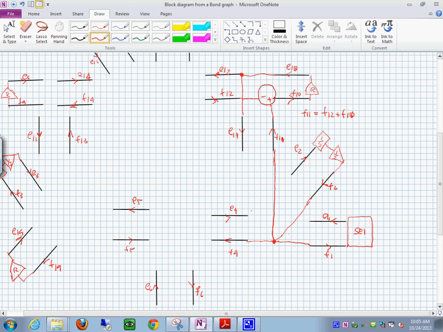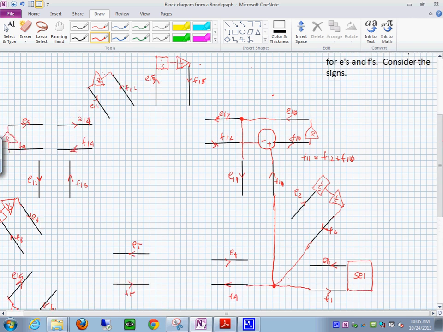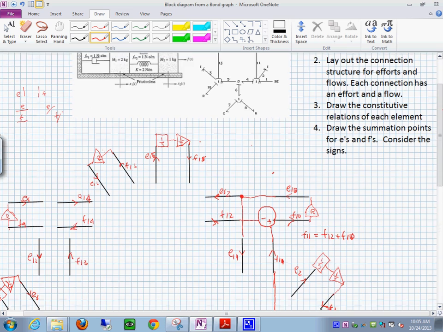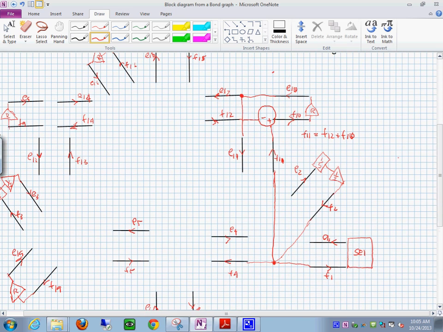And in here, now we're going to have a summation of the efforts, because it's a one junction. So this is going to be a summation here.